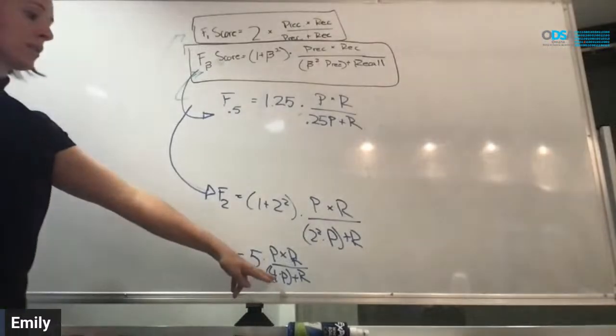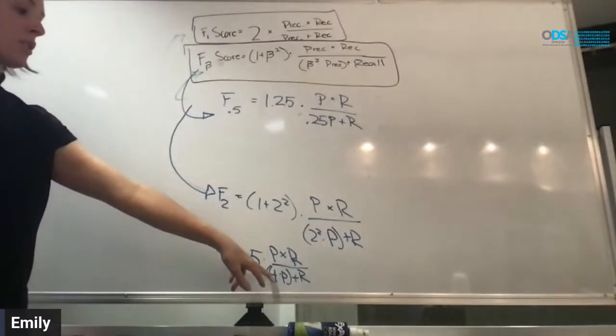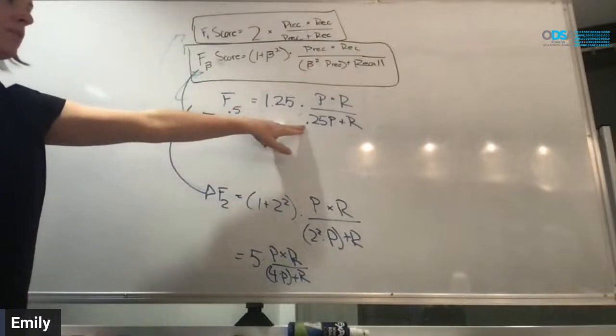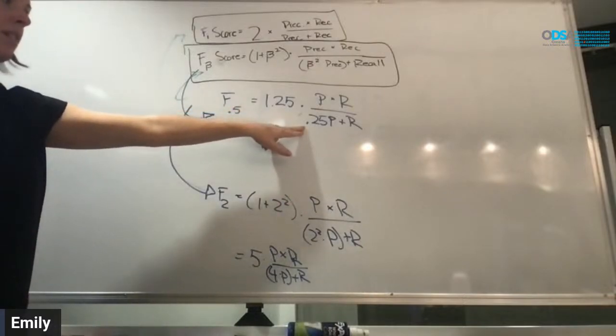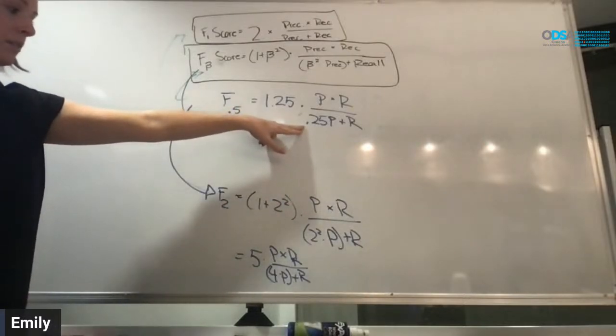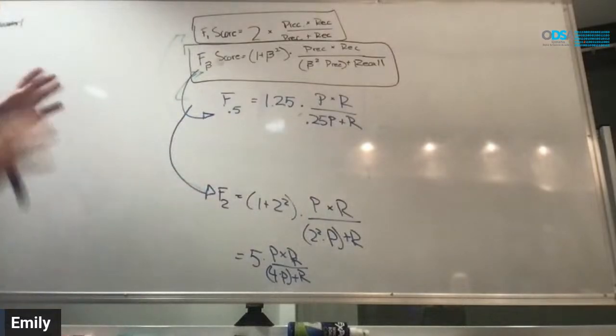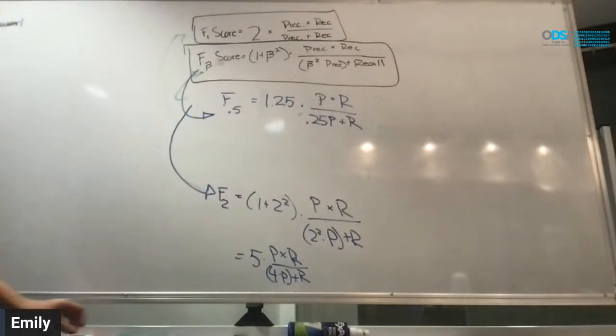So this one, 4 times precision on the denominator. This one, 0.25 times precision on the denominator. Okay, so different weighting between precision and recall for those values.